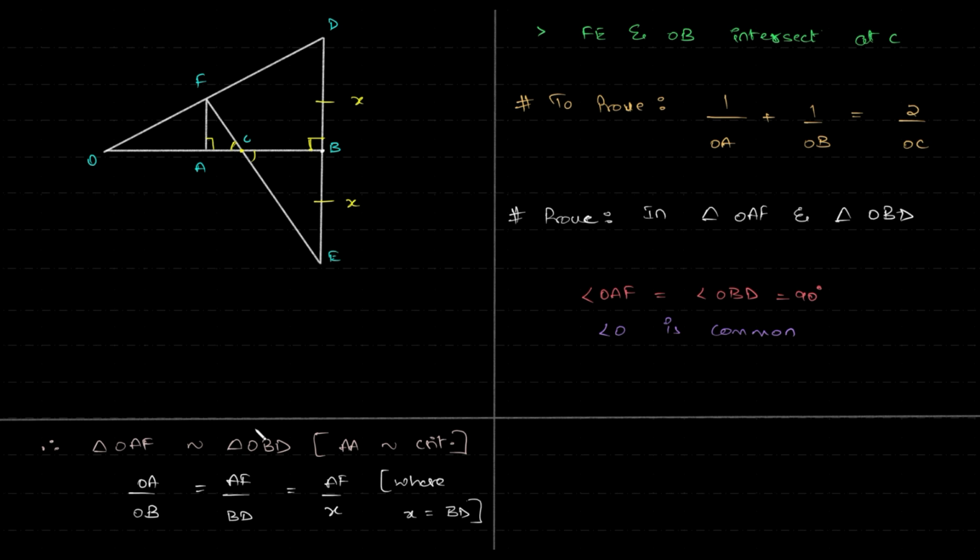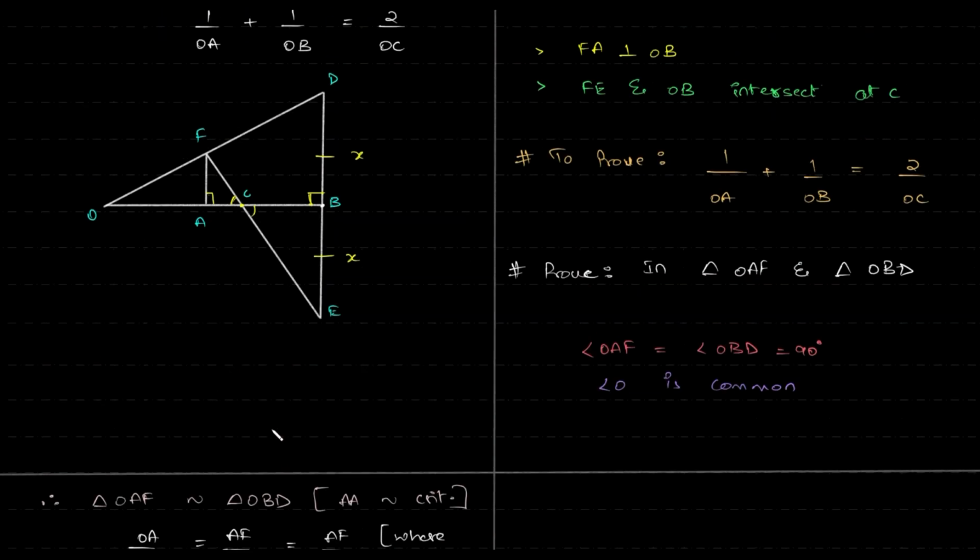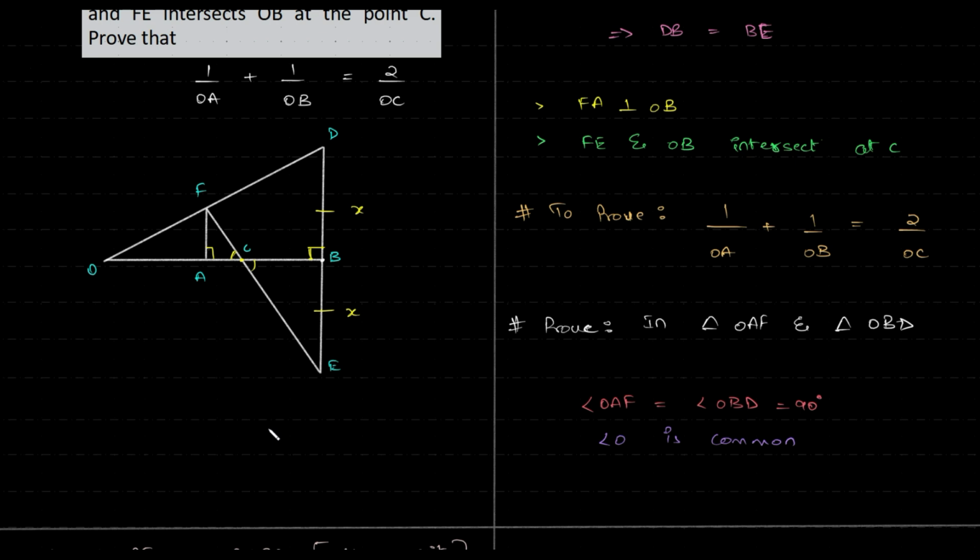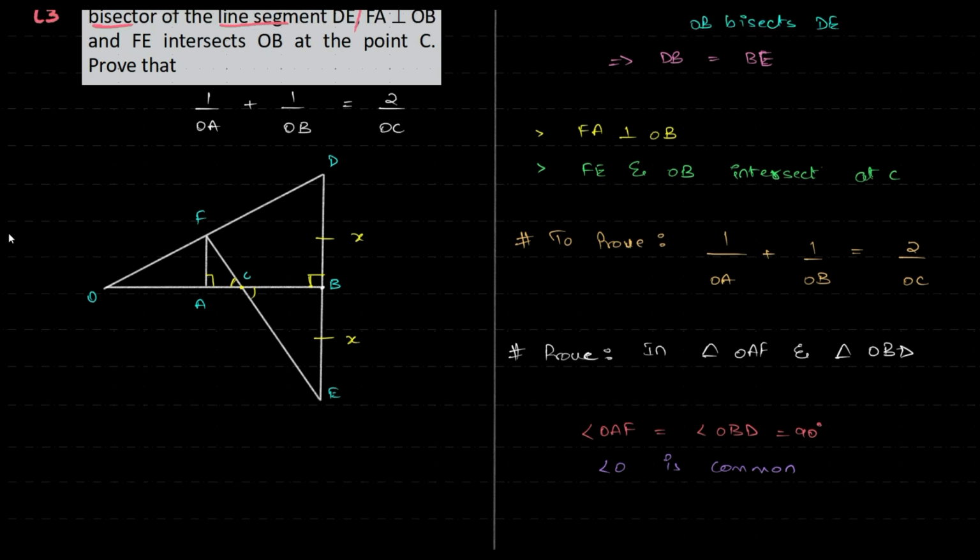Okay guys, we'll just mention that. Now, which other triangle do we have to consider? The triangle which we have to consider is this, and the other one being this.